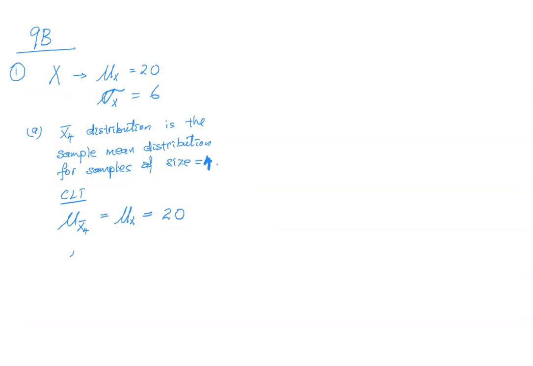And the standard deviation for the X bar 4 distribution, the sample mean distribution of size 4, is equal to the standard deviation of the population divided by the square root of n. So now you substitute in.